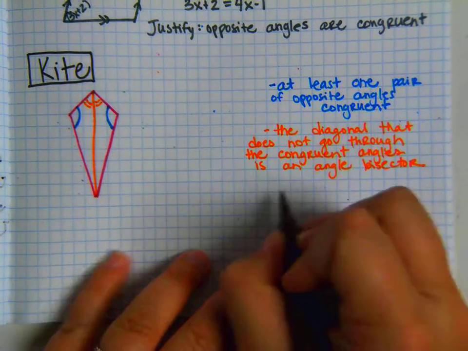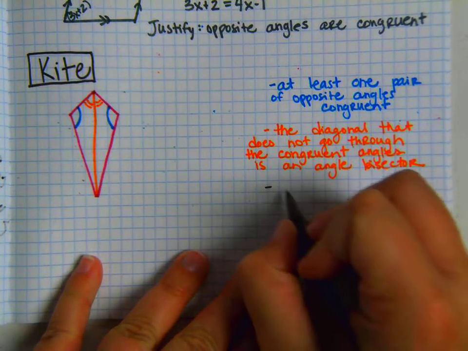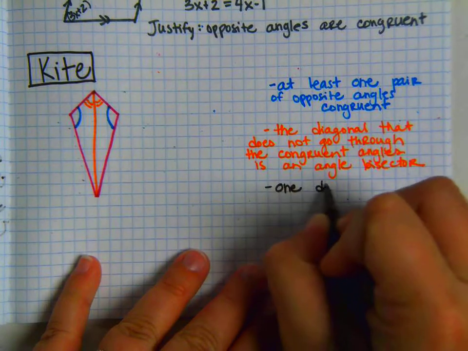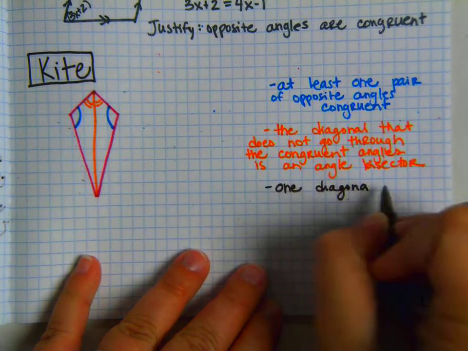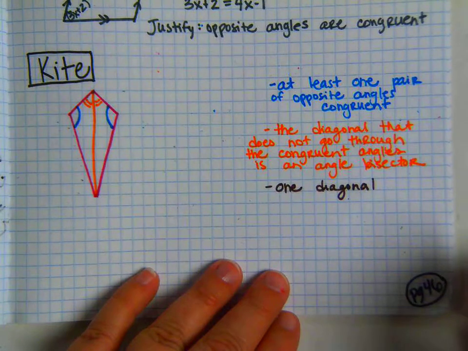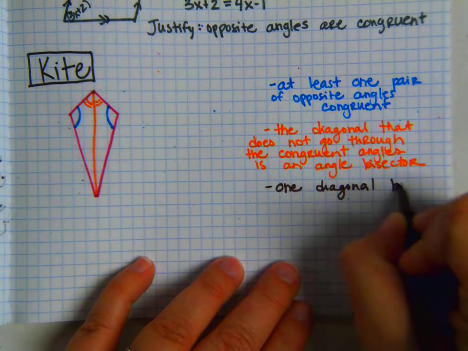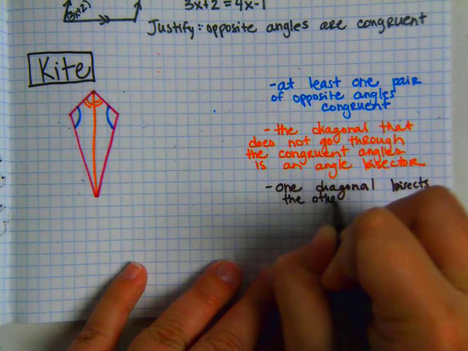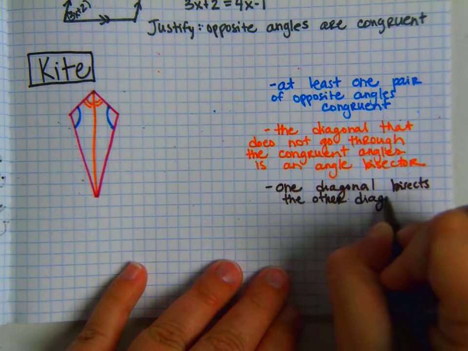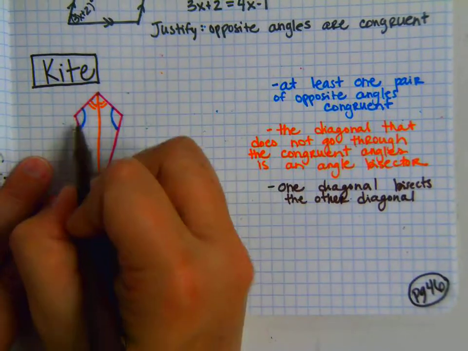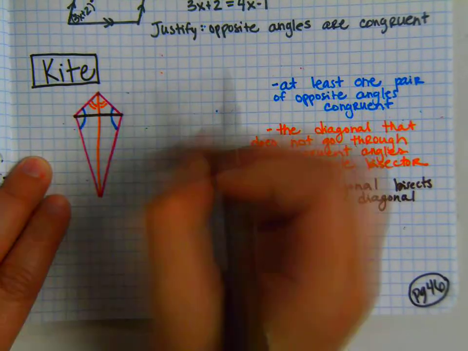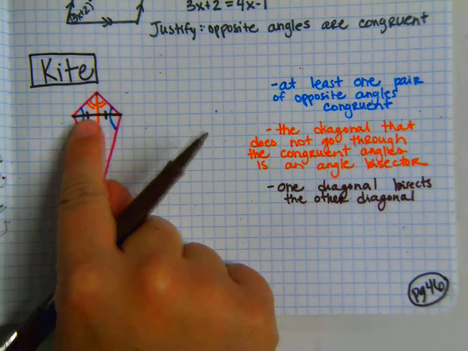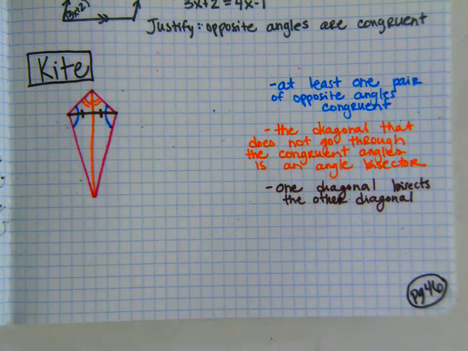Okay, the next property: one diagonal bisects the other diagonal. So what that means is if I draw this diagonal right here, it's going to be a bisector right there. So that means that side and that side are congruent.